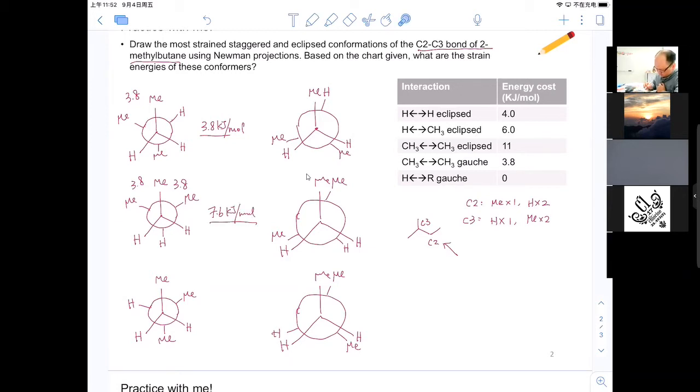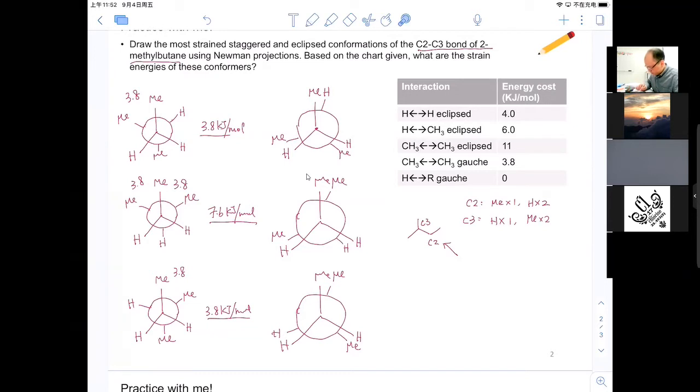For the third one, only one pair, which is 3.8. So the total is 3.8 kilojoule per mole. Let's move on to the eclipsing. The eclipsing must have some higher energy, right?